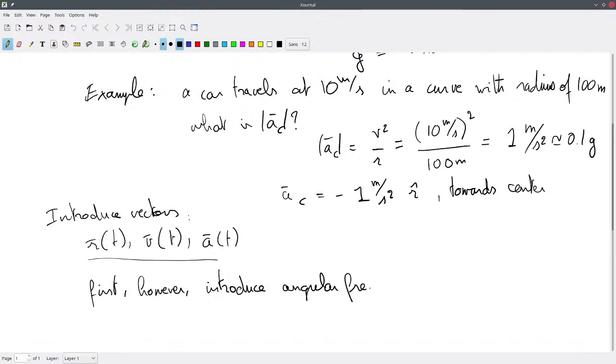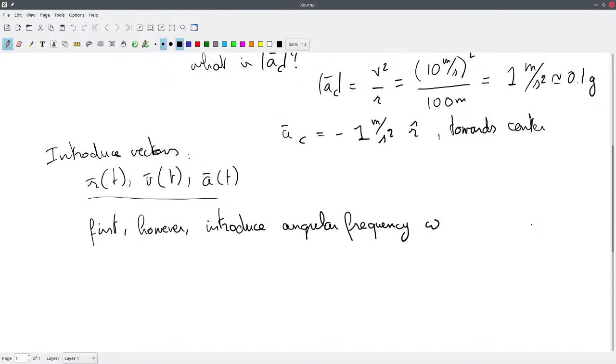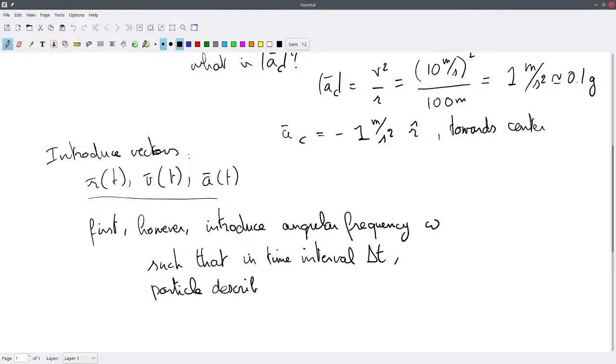Angular frequency omega is such that over a time interval delta t, the particle or the object or the car in this example describes an angle omega delta t.